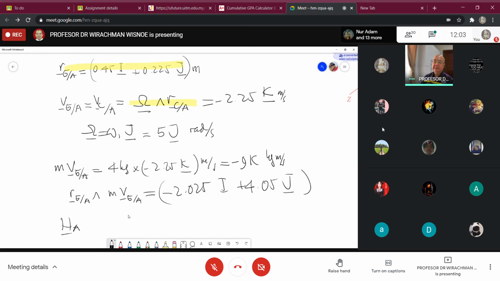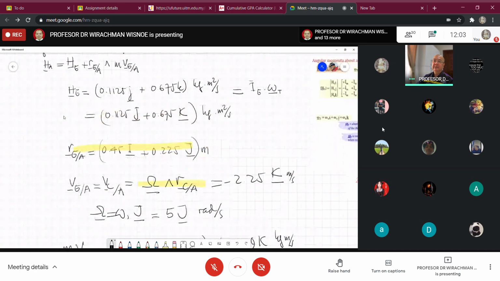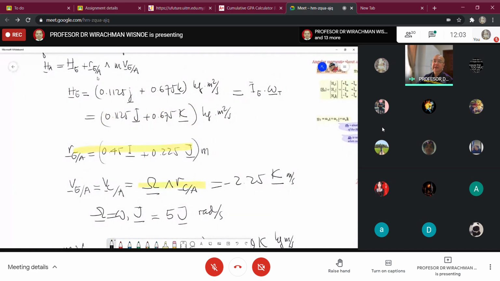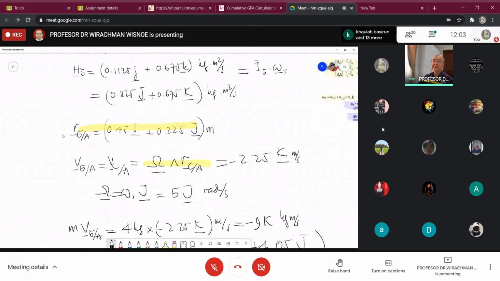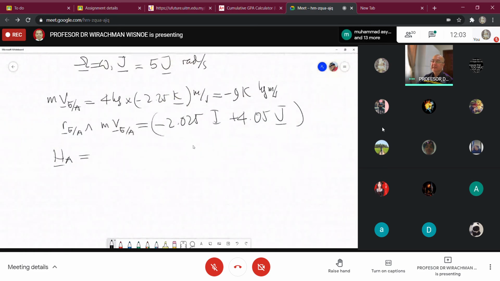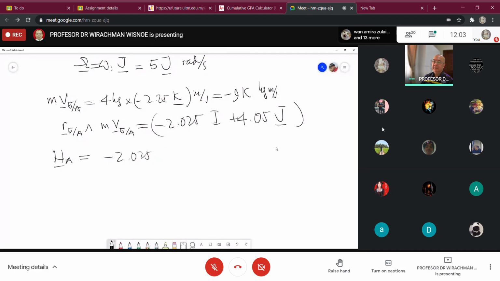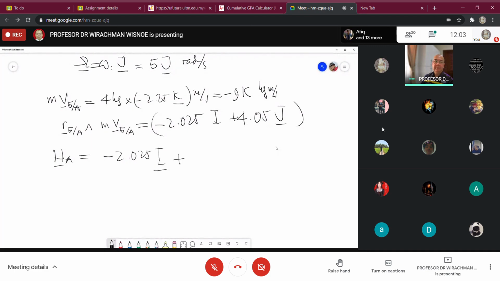So you have HG, you have this product. So you just add this with the one that you have here. So you're going to have negative 2.025I plus 4.1625J plus 0.675K.